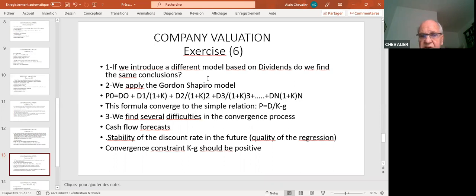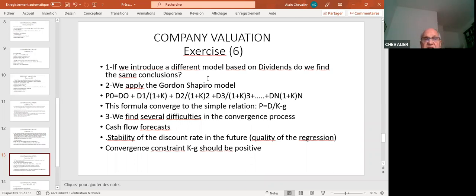Here it's 2023: D0 was 2021, D1 2022, D2 2023, D3 2024, and so on.